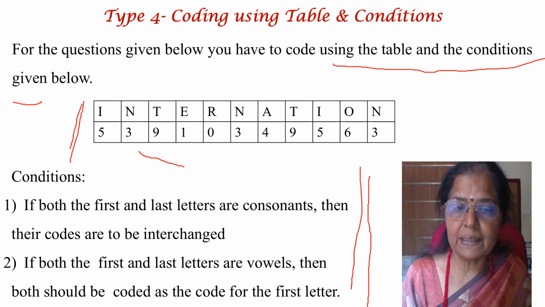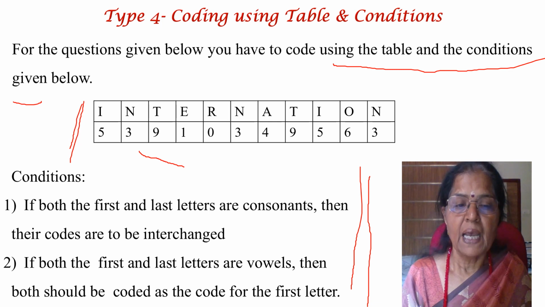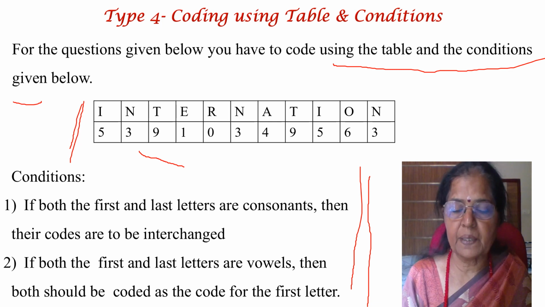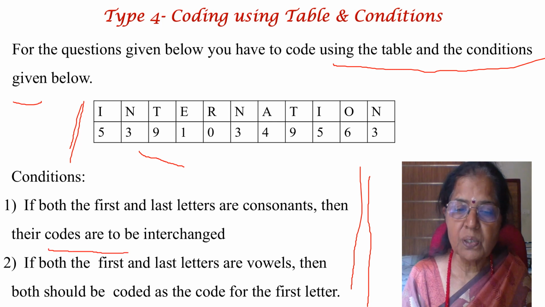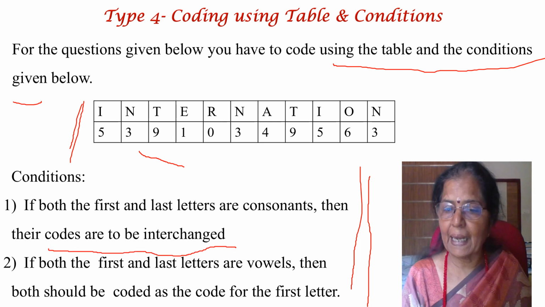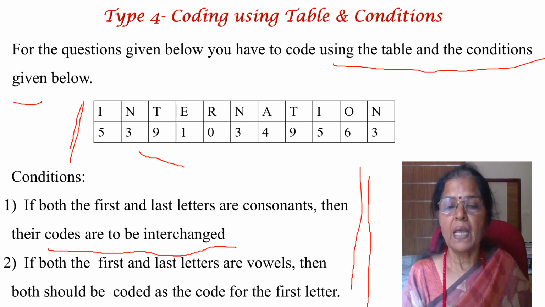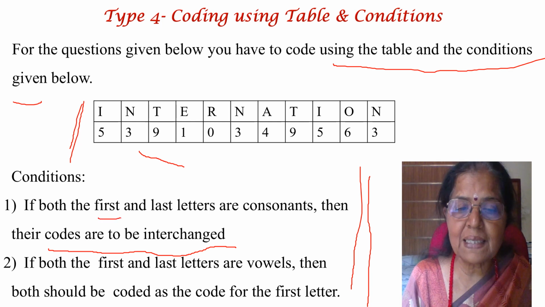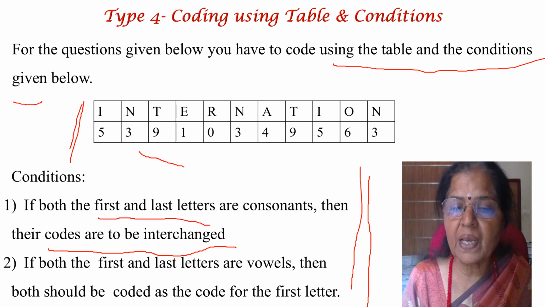But look at the conditions. Whatever the conditions say, you have to fulfill the conditions. See, the first condition: if both the first and last letters are consonants, then their codes are to be interchanged. The words follow in the next slide. You see the first letter and the last letter, and see if they are consonants. What are consonants?